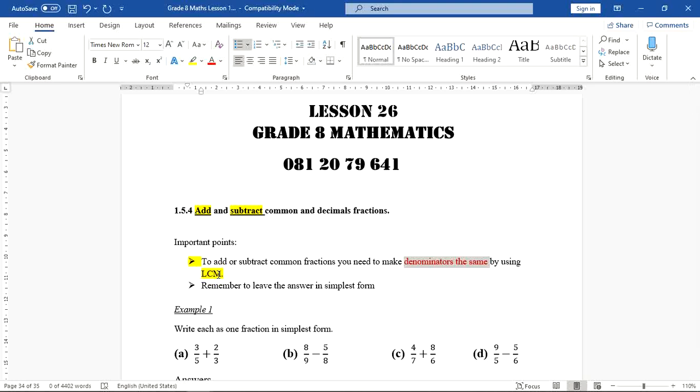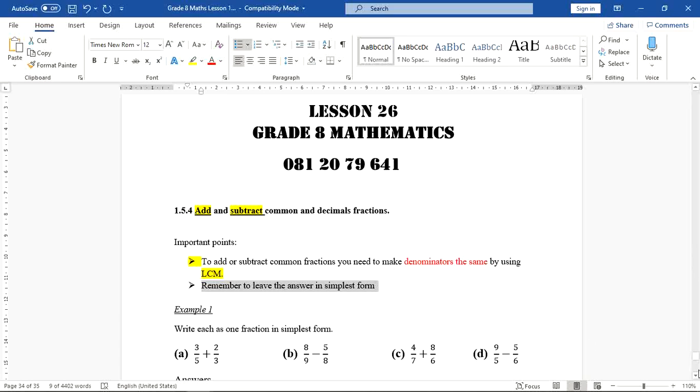Once you have written the two fractions as one fraction, you should remember to leave your answer in simplest form. So these are all the things that we've done before. There was a reason why we had to do the lowest common multiple first, and a reason why we had to learn how to simplify common fractions, because we are going to apply it here when we add or subtract two fractions.